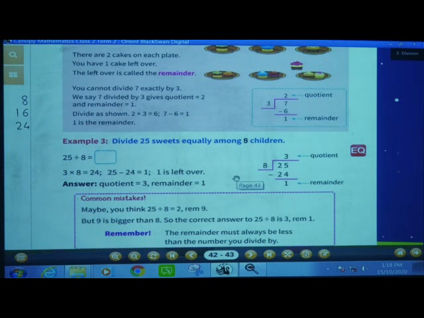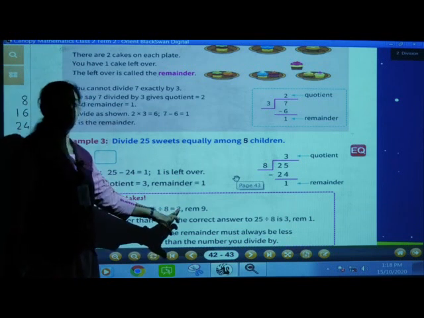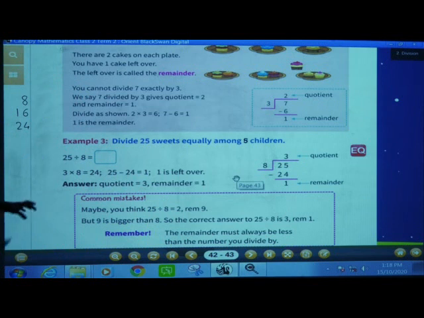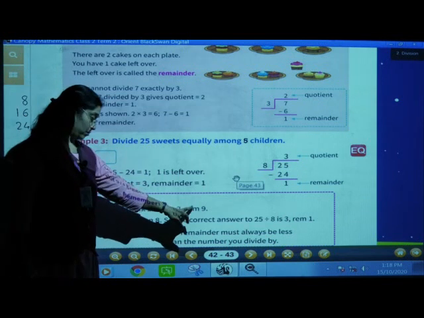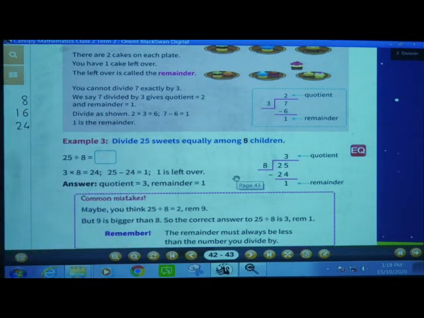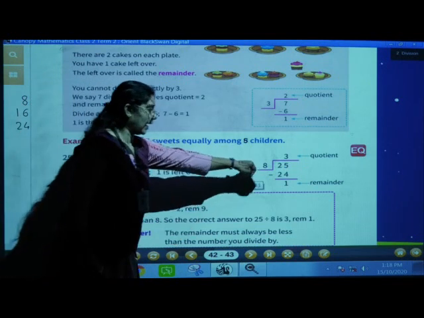Now children, you think 25 divided by 8 is equal to 2 and remainder is 9. Means 8 twos are 16 and 25 minus 16, remainder is 9. But 9 is bigger than 8.